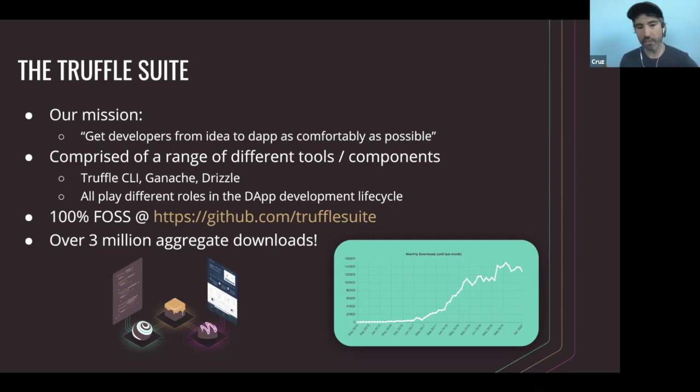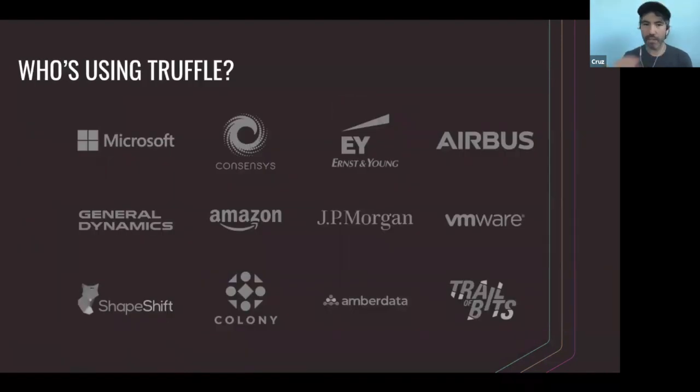Our tooling is 100% free and open source, hosted on GitHub, and currently we have over 3 million aggregate downloads. And so just to put that into context of the amount of usage and the popularity of Truffle and the tooling, we have a wide variety of partners and companies that we work with, whether it's big enterprises like Microsoft and EY, or smaller blockchain startups like Colony and Trail of Bits.